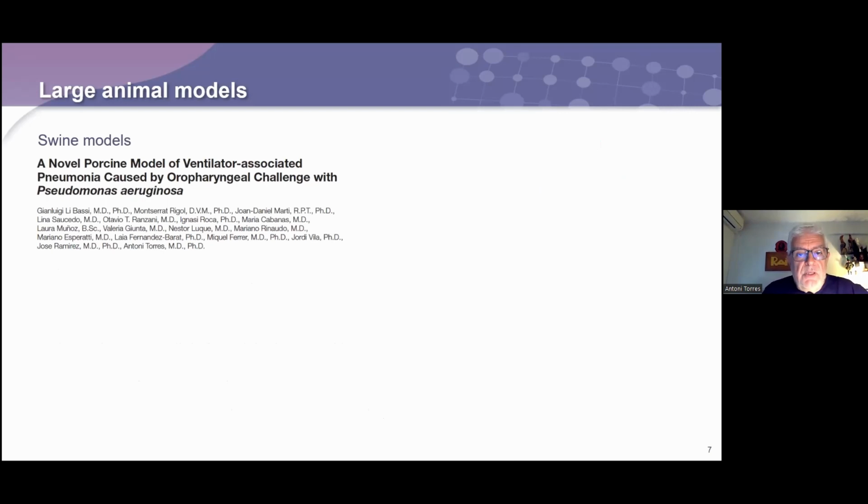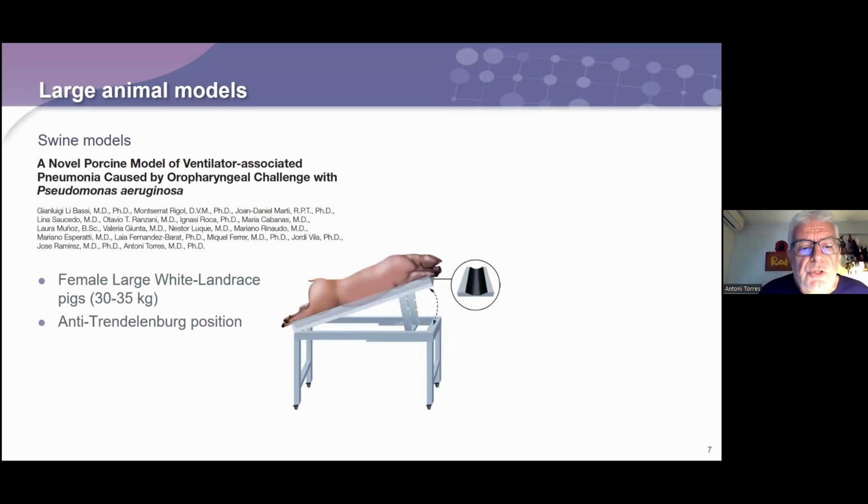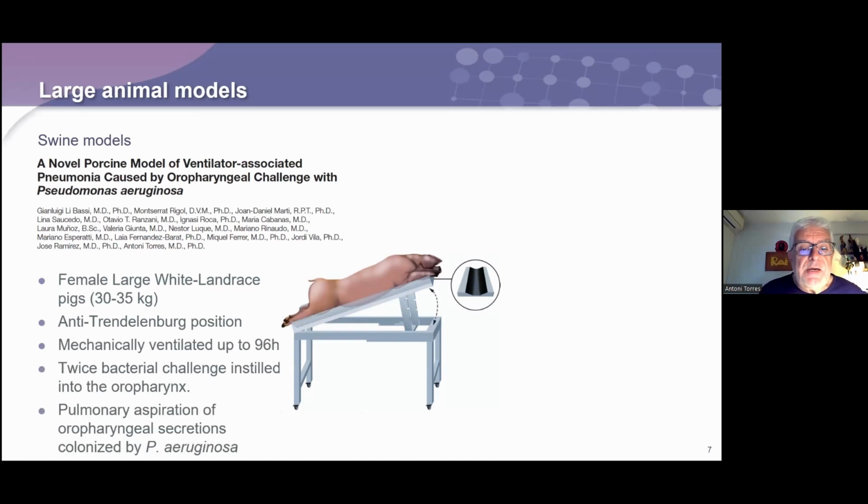Then we thought that this model of challenge was not real life, and we went to another model, in that case of Pseudomonas aeruginosa pneumonia. Instead of challenging the bronchi, we placed a concentration of bacteria in the oropharynx, trying to reproduce what happens in real life.